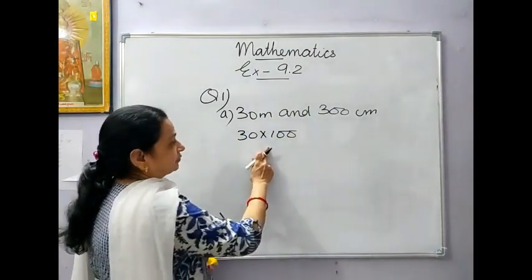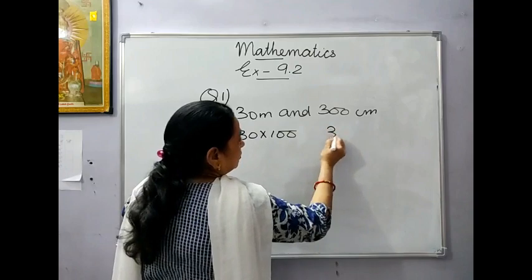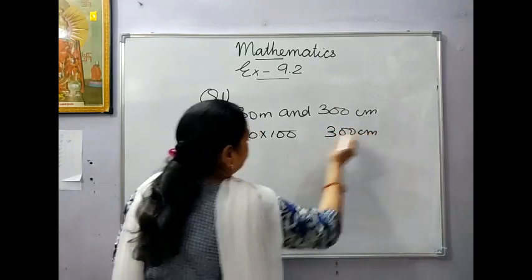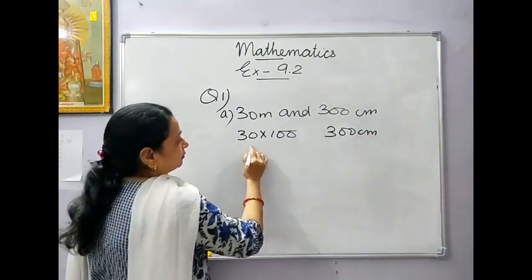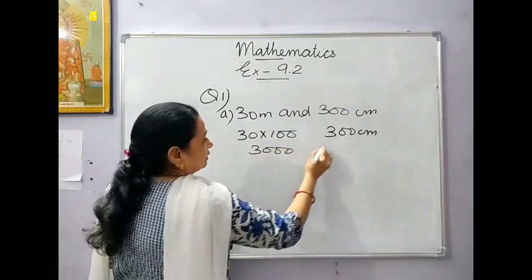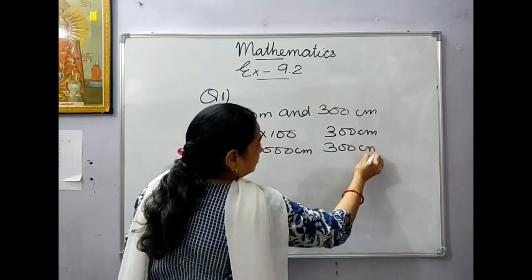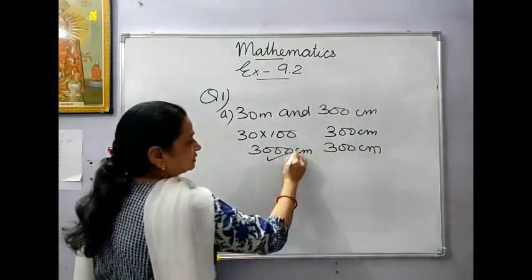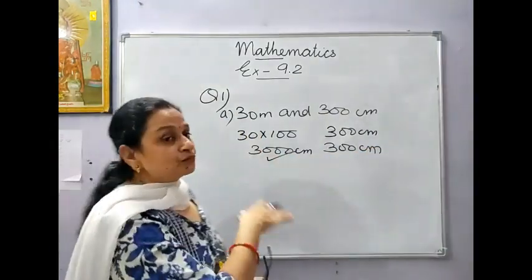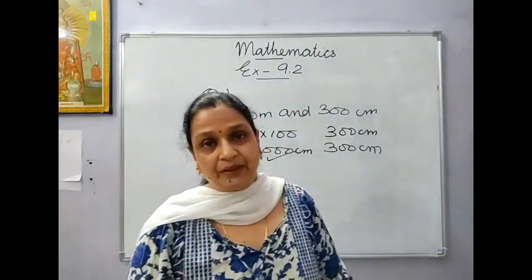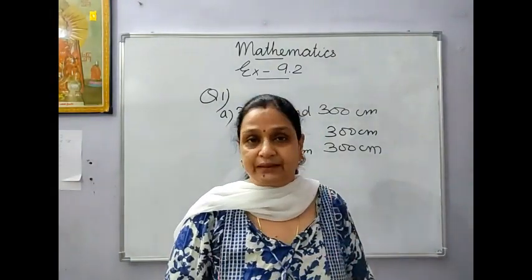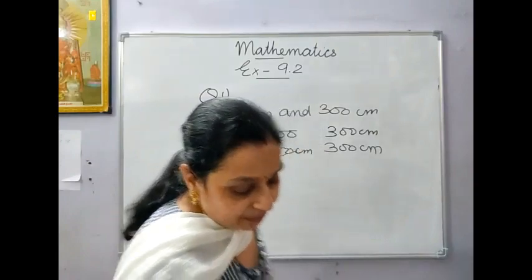This is already in centimeter, so 30 into 100 is 3000, and this will become centimeter now. So now which one is greater? Obviously this one is greater. So it becomes easier and clearer. Okay, so you can also use this method.